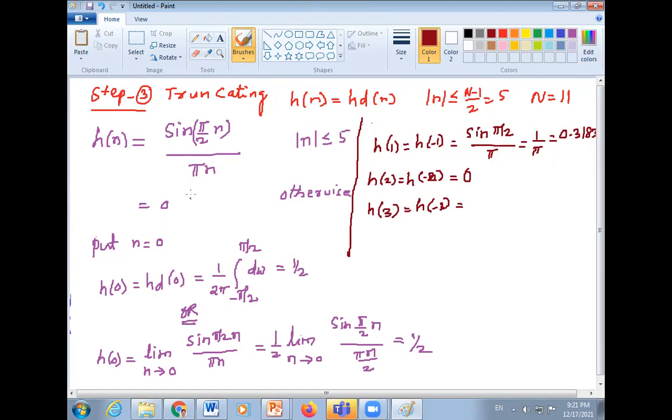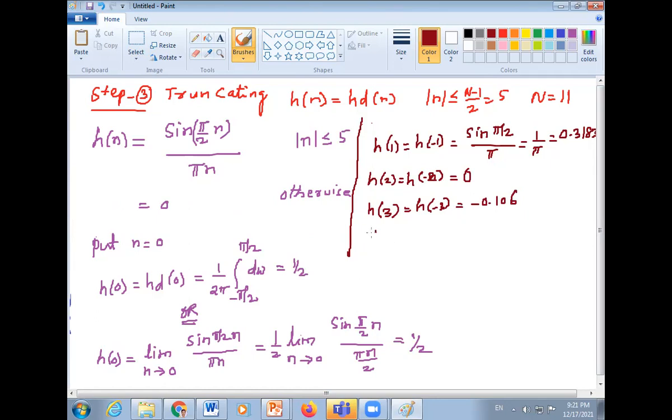Then h of 3 is equal to h of minus 3, which is equal to minus 0.106.